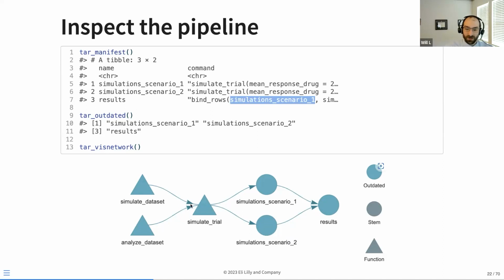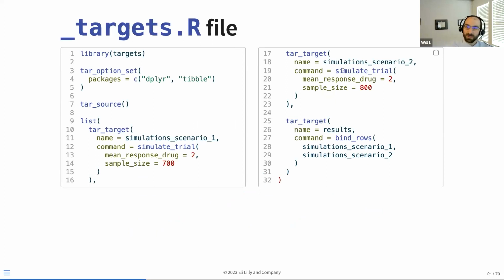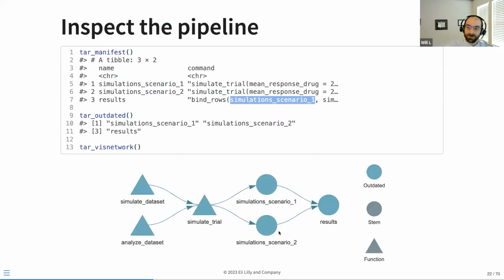All this depends on the code that you've written, because these simulations call the simulate trial function as well as these upstream functions. So what makes targets declarative and nice is that when you're setting up your pipeline, you only need to worry about the functions that you write and the individual commands for specific steps. And then the package will figure out how all this fits together in terms of a left to right flow of the analysis. And then later on, as we'll get to, how to run these things in parallel.